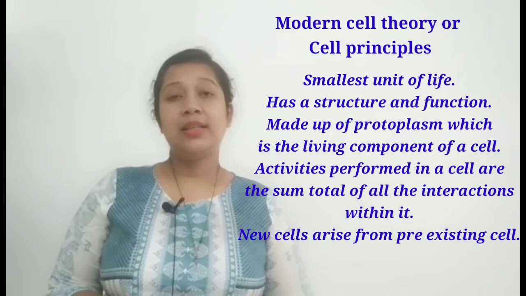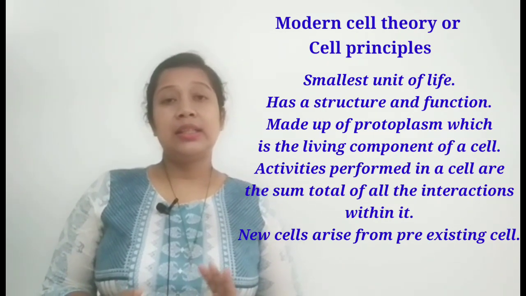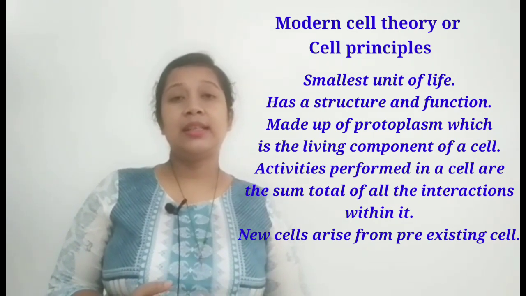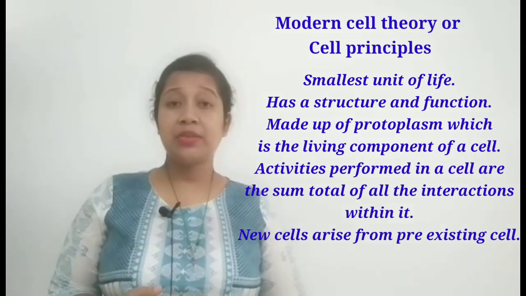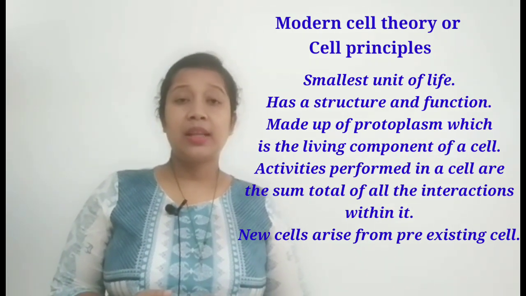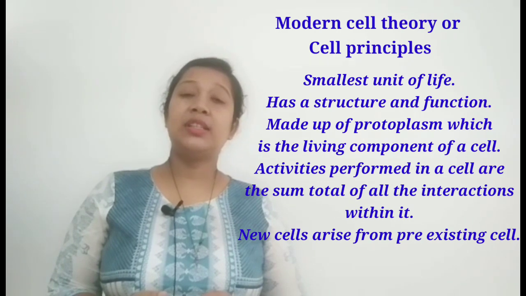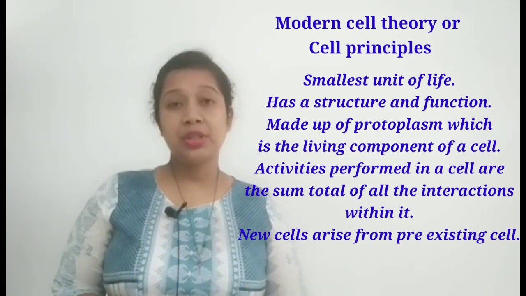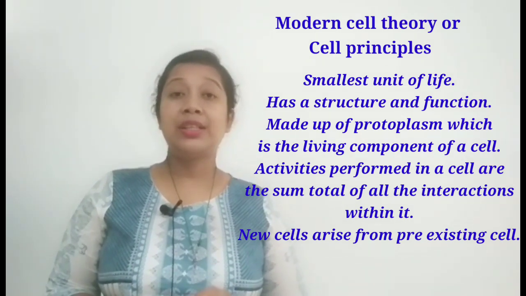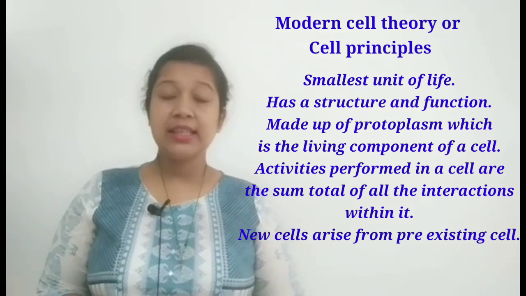Third, the cell consists of protoplasm, which is the living component of a cell. Fourth, the function of a cell is the interaction of the different components inside a cell.